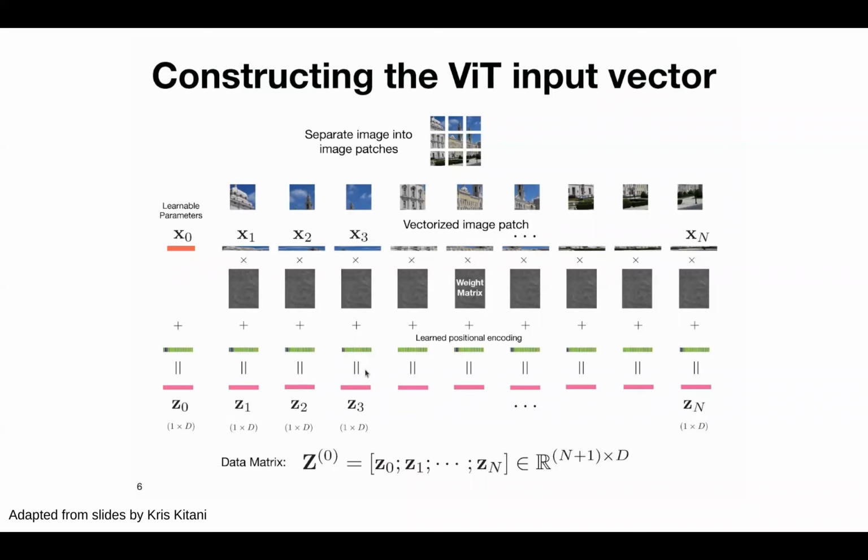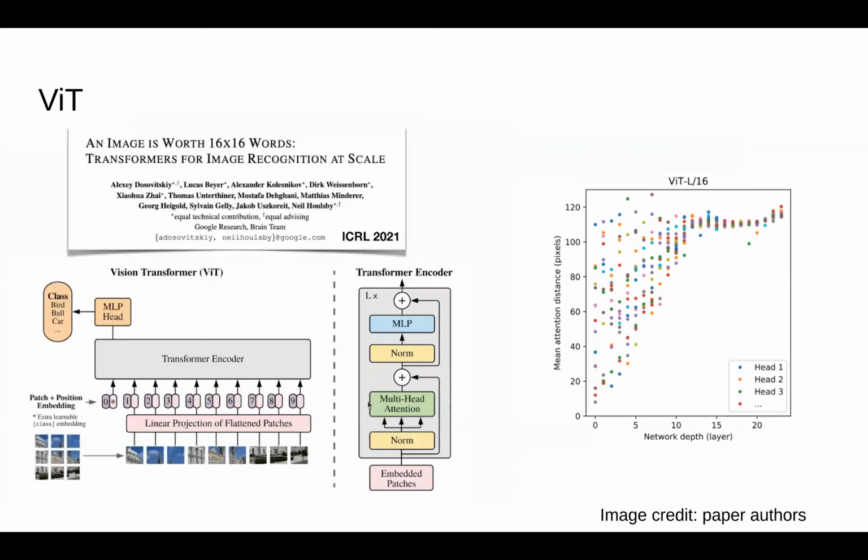So this is basically what is done in the ViT paper, and if you look at it, it's quite simple. They haven't really changed the architecture at all. It's just the way they're treating the images and the attention between these parts.